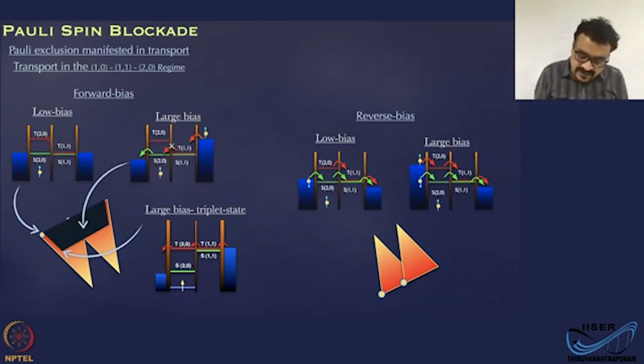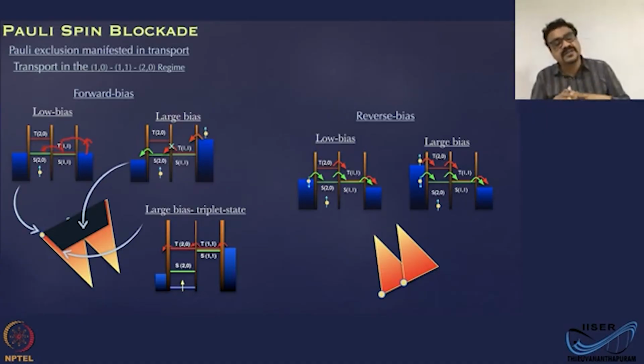So when you have a spin up state, let me mark that by a red arrow here. This can go here, but this cannot tunnel here because this state takes a spin down state, because it's a singlet state.